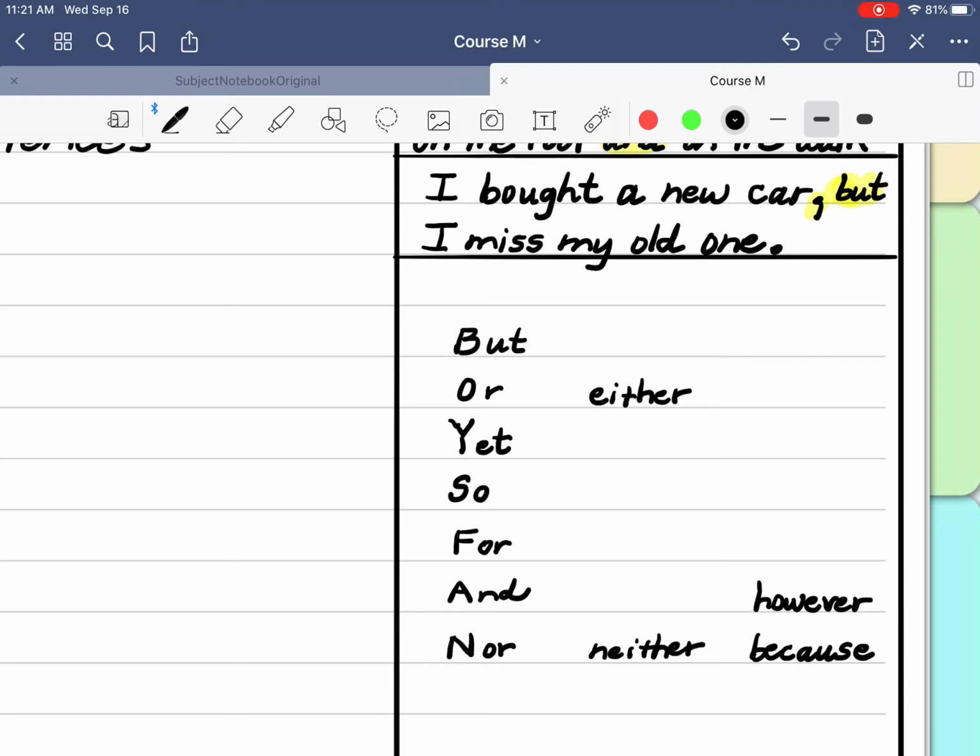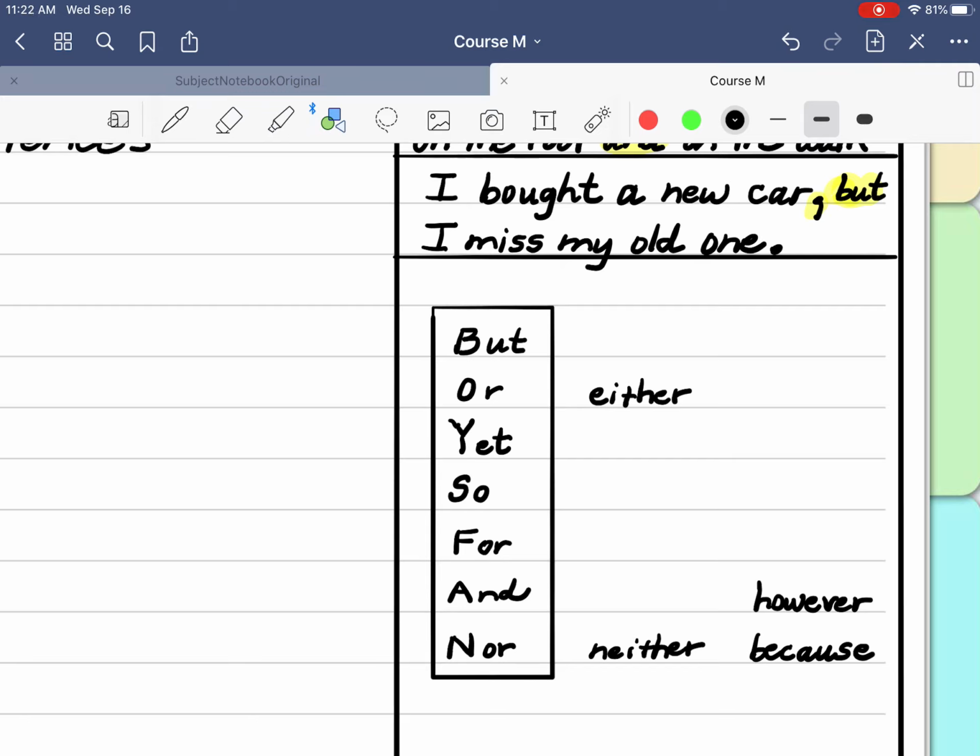And there are others, especially at more advanced levels, college level writing, you will use more advanced conjunctions. But those are some examples. If you can remember BOYS FAN, you can remember the 7 basic ones. Those are the ones that you will see most often, and I think and is by far the most common one. It's in lots and lots of English sentences.